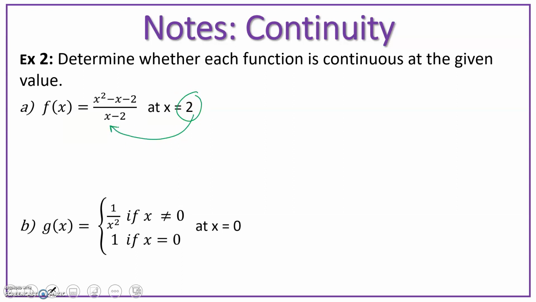If I plug in 2, I get a divide by 0 error. So since f of 2 is not defined, we're going to say that this function is not continuous. So f of x is not continuous at 2.